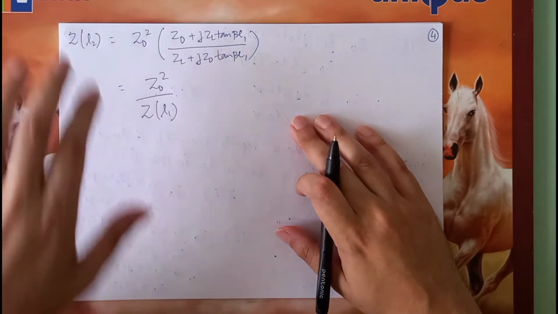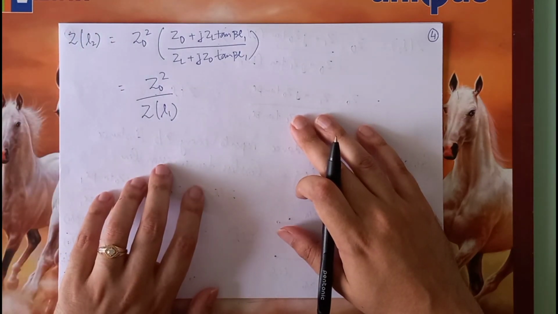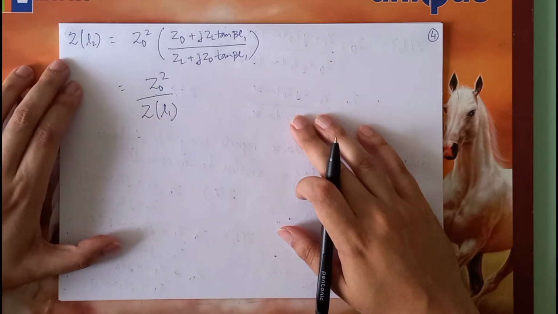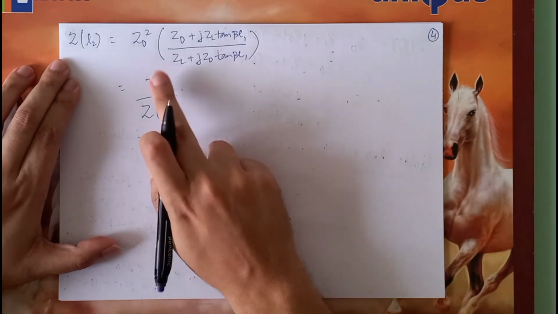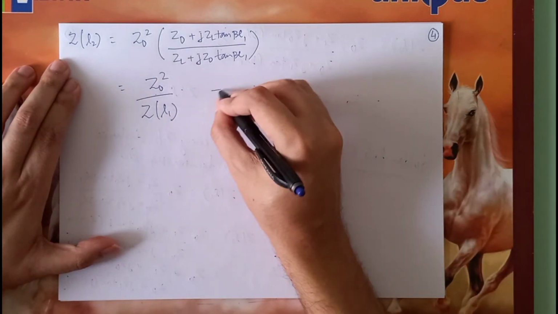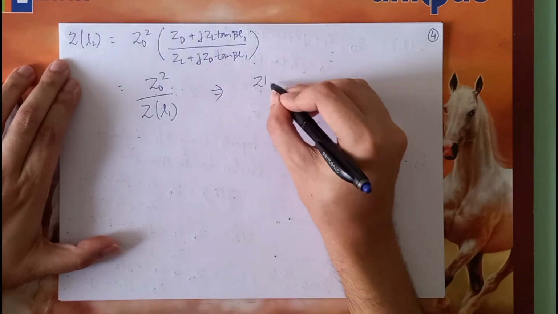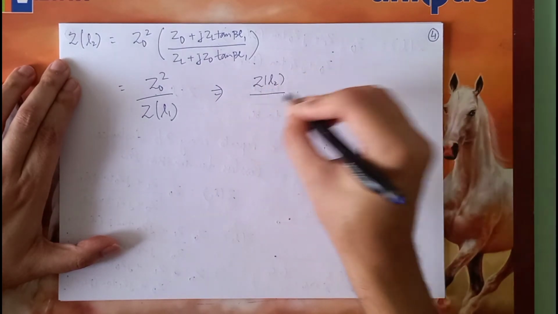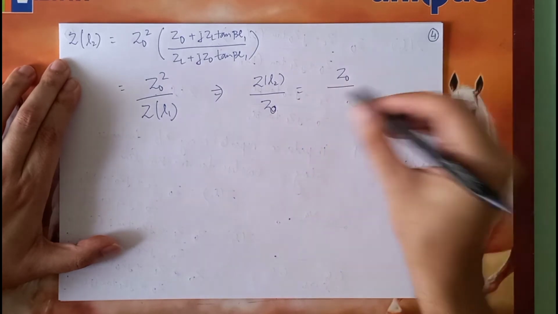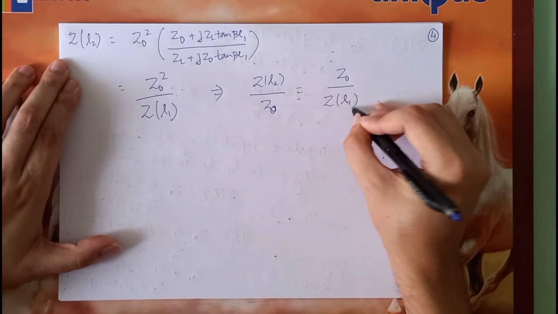So the question is, can we do something and make it even more simple? Well, we can do that. We can take one Z0 to the left. So what we will have is Z of L2 divided by Z0 is equal to Z0 divided by Z of L1.